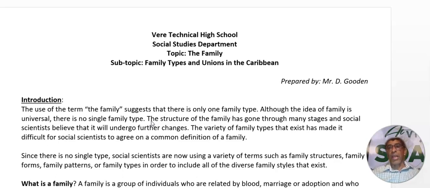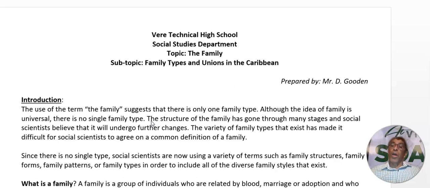And social scientists, sociologists, anthropologists, etc. believe that the family structure will continue to go through changes as different dynamics, some of them internal, some of them external to the family, impact the family itself. So the different family types that exist have made it very hard for social scientists to agree on a common definition. So there's no set definition for what a family is.